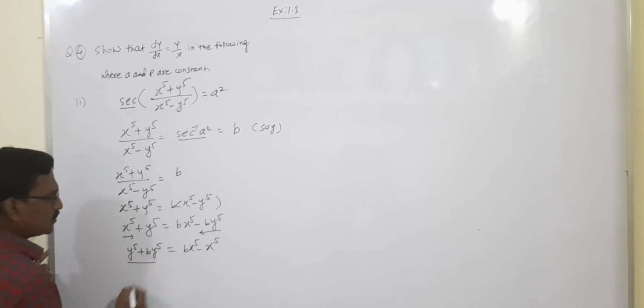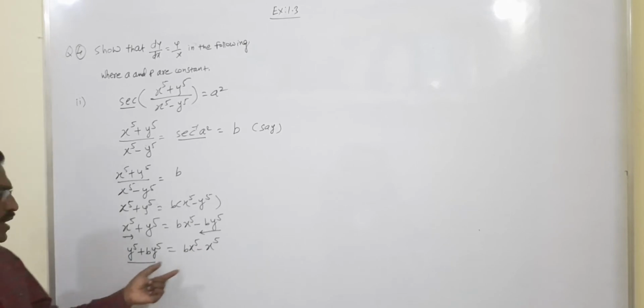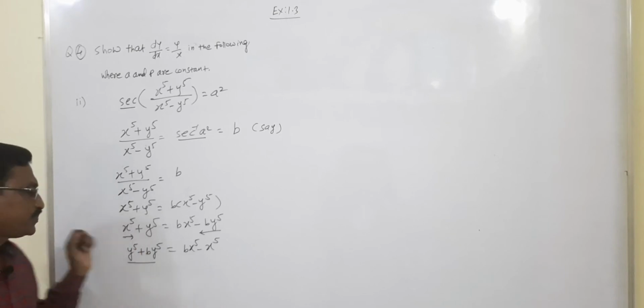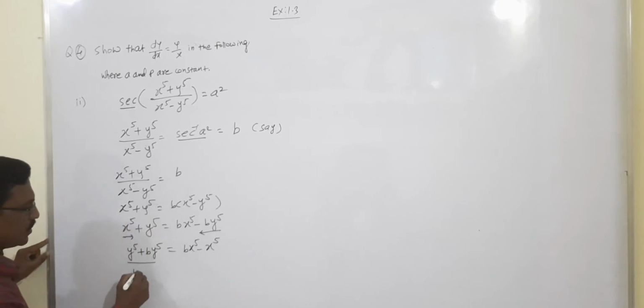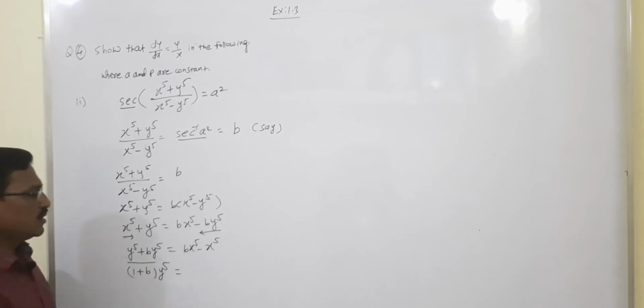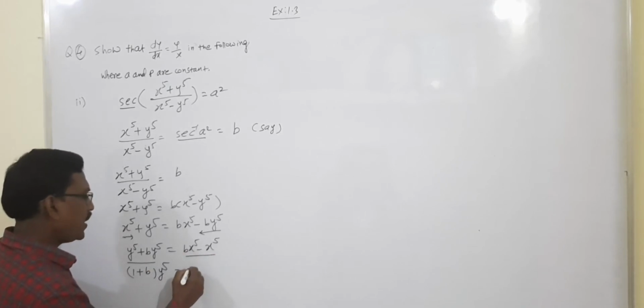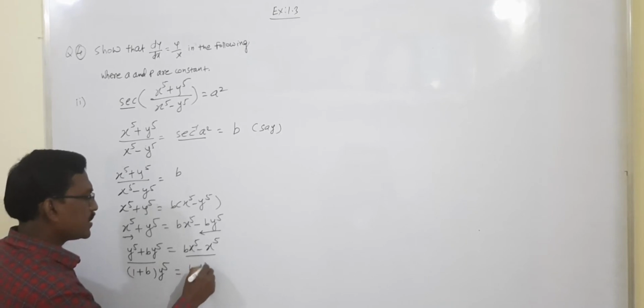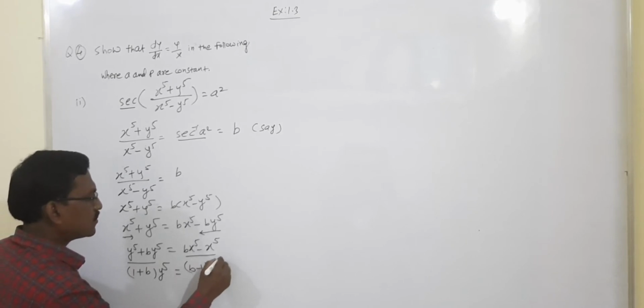Now we take common y to the power 5 here and x to the power 5 here. So it becomes 1 plus b into y to the power 5 is equal to, when we take common x to the power 5, b minus 1 into x to the power 5.